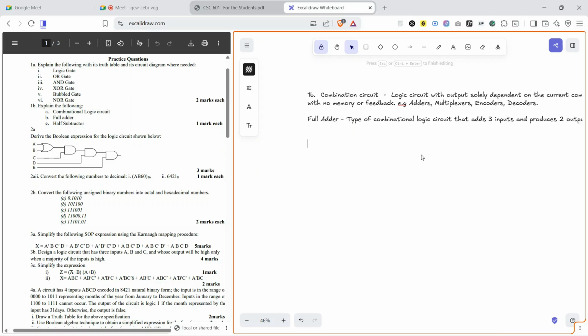The drawing for a full adder is something like this: three inputs, then two outputs.